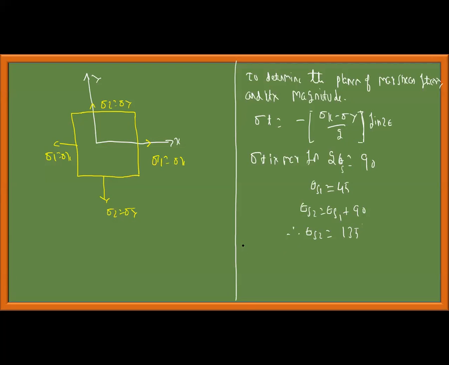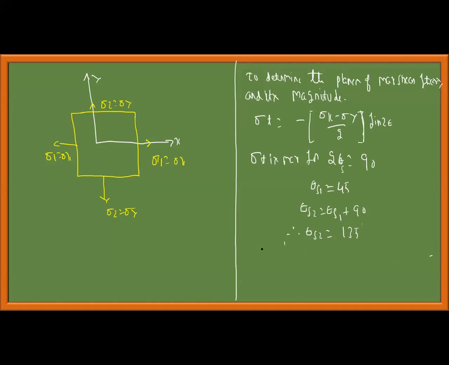Now I want to determine the direction of tau max or sigma t max. Okay, you will get confused, so first let me solve in sequence.